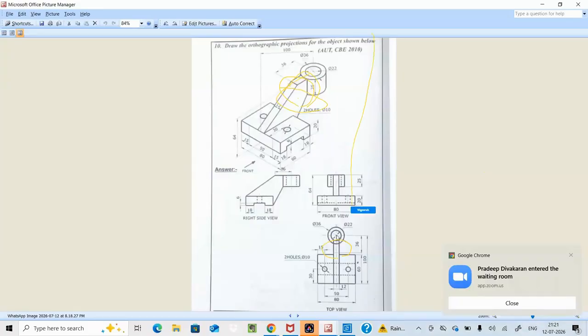Maybe the only thing is the axis line will be shown in dotted, sir. This center axis line will be shown in dotted. So you should not get confused. This line indicates continuous, the dotted line indicates hidden parts, and the longer line and the shorter line indicate the axis line. Okay, sir. Now it's clear.